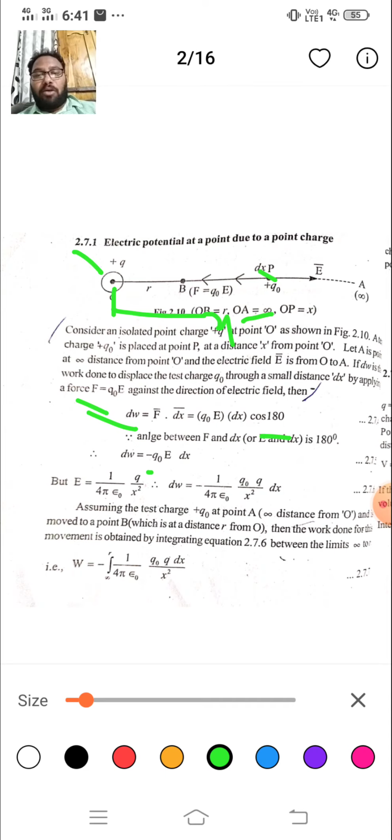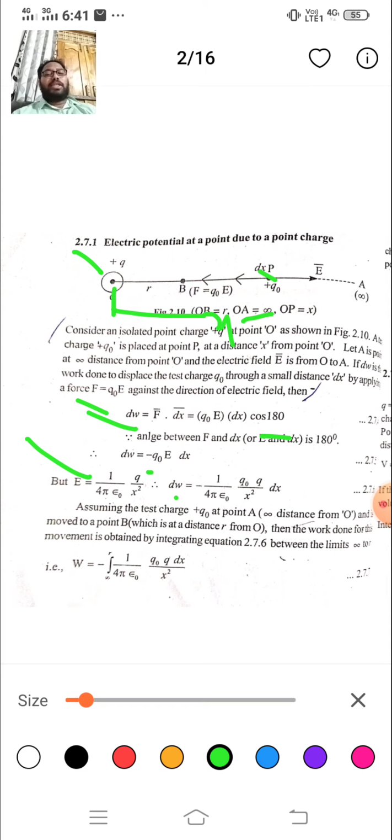We know that the electric field intensity at a point is E equals 1 by 4 pi epsilon into Q by x square. Substituting the E value, dW equals minus 1 by 4 pi epsilon into Q Q naught by x square into dx.